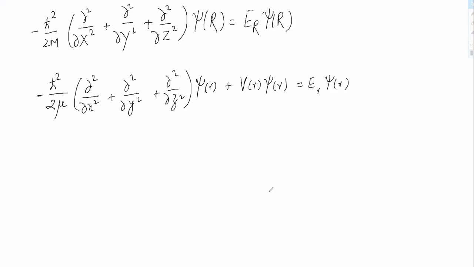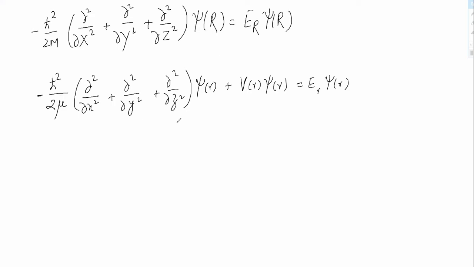This is what you will get: a second order differential equation in terms of the center of mass coordinate, and then a second order differential equation in terms of the relative coordinate.